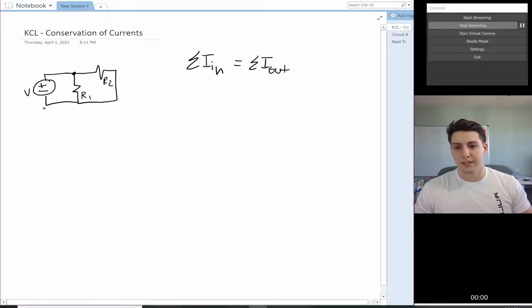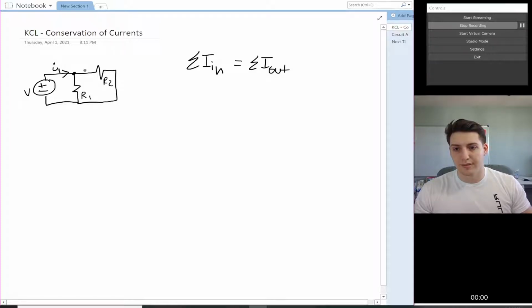So we can start to look at this problem here, and we know from last video that electrical current will flow from the positive side of the battery to the negative through every path possible. So we know that the current will go down this path, and it will also go down this path. So that really allows us to say that we have I1, which goes from the battery to this node.